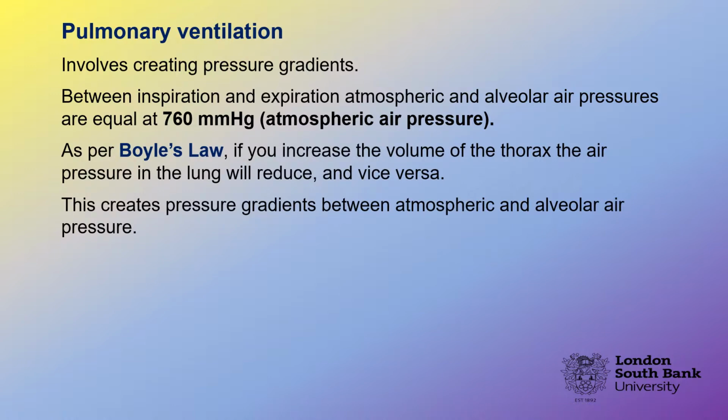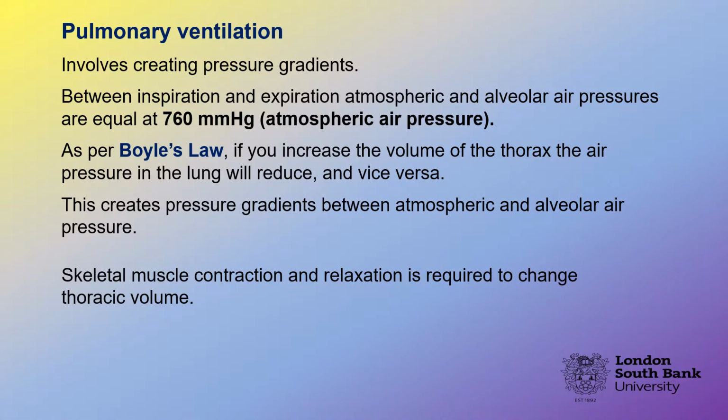As per Boyle's law, if you increase the volume of the thorax, the air pressure in the lung will reduce. Increase volume, then we reduce the air pressure. This gives us the pressure gradient between atmospheric and alveolar air pressure.